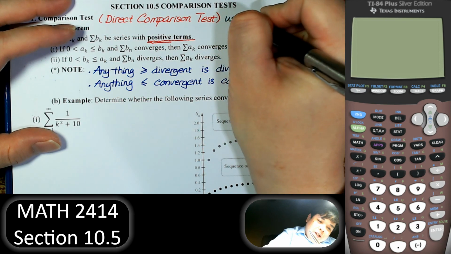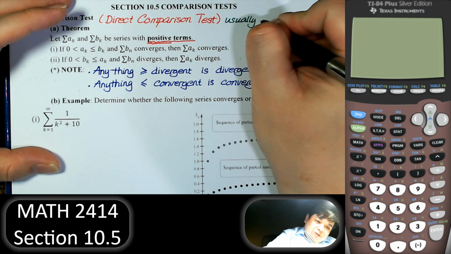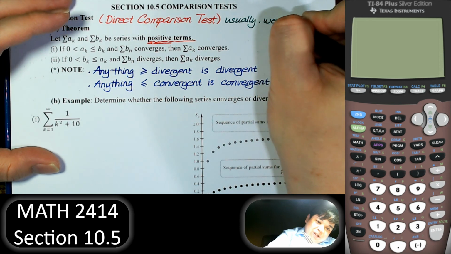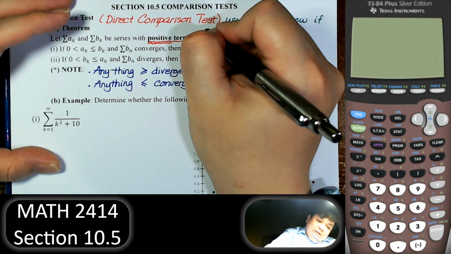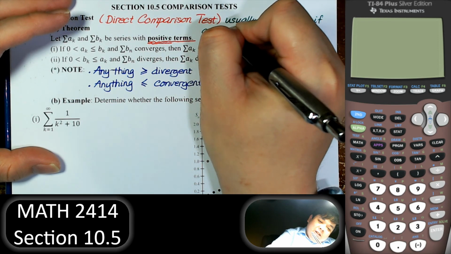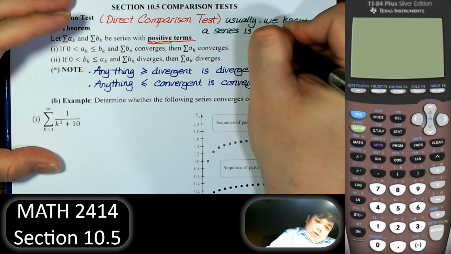So usually we know if a series is convergent or divergent already.